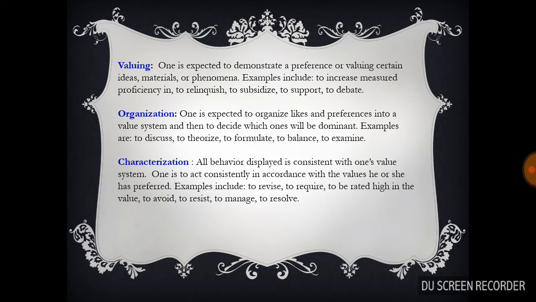Organization. One is expected to organize the likes and preferences in some systematic order. Then the level of characterization. In this level, one is expected to behave consistently with what he likes and what he gives preference to.